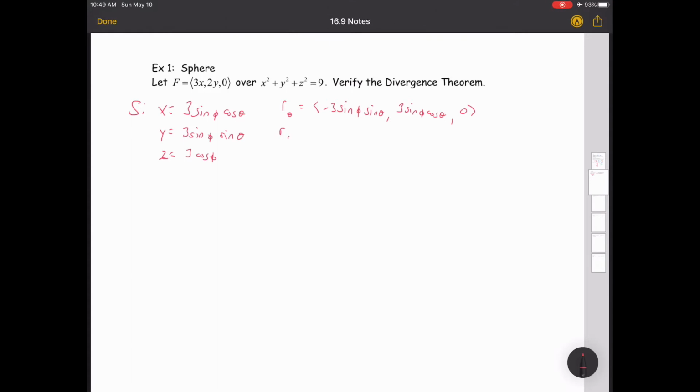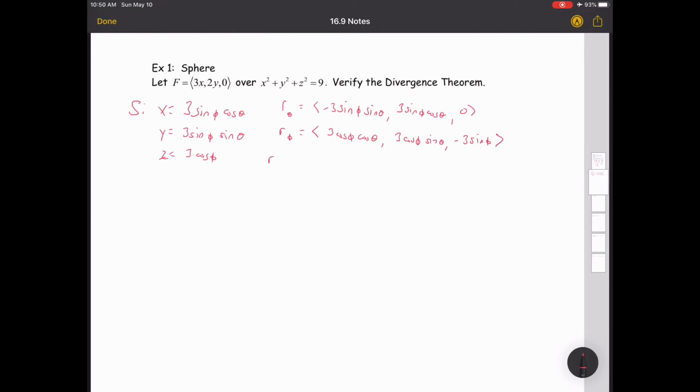So r sub phi is going to be 3 cosine phi cosine theta, 3 cosine phi sine theta, and then negative 3 sine phi. We're going to have to do the cross product.